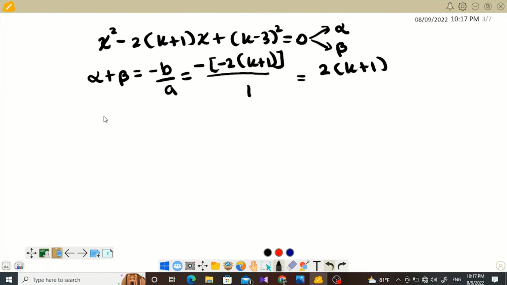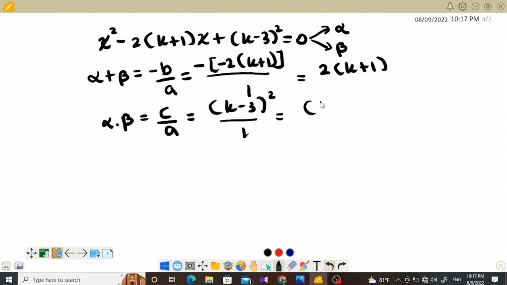And I am going to find the product alpha dot beta. We know that it is equal to c divided by a. The c value is (k minus 3) squared divided by 1, which equals (k minus 3) squared. Okay, I got the expressions for the sum of roots and product of roots in terms of k.